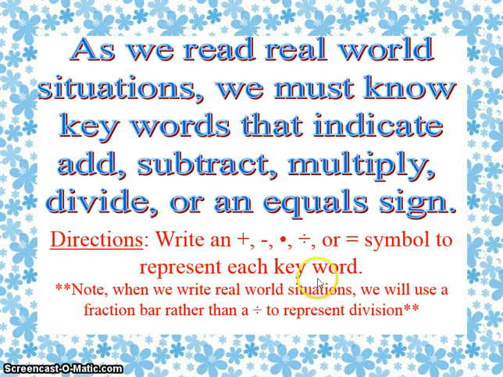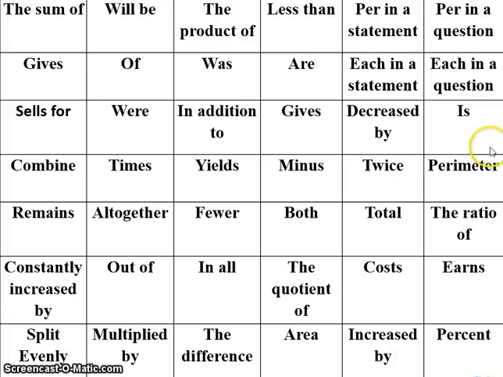Now note, right now we're going to use this division sign like this, however, when we write an equation, we're going to use a fraction bar rather than a divide symbol, okay? All right, here are the words we're going to look at, and we're going to think about whether they mean add, subtract, multiply, divide, or equal.